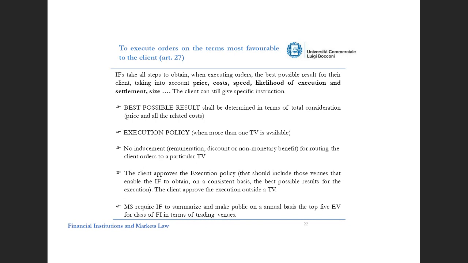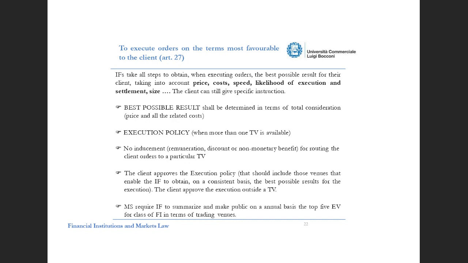So how should a broker, an investment firm providing execution of orders, for instance, how should it decide which trading venue to choose? The answer is quite simple. Article 27 says you have to choose the best one.